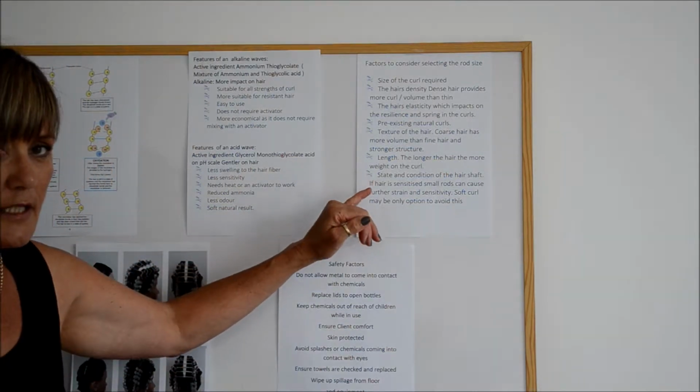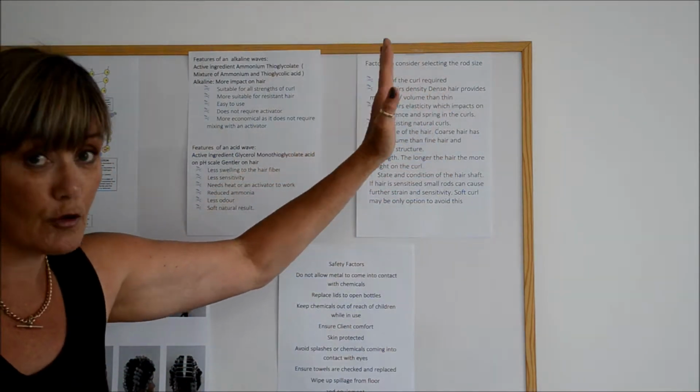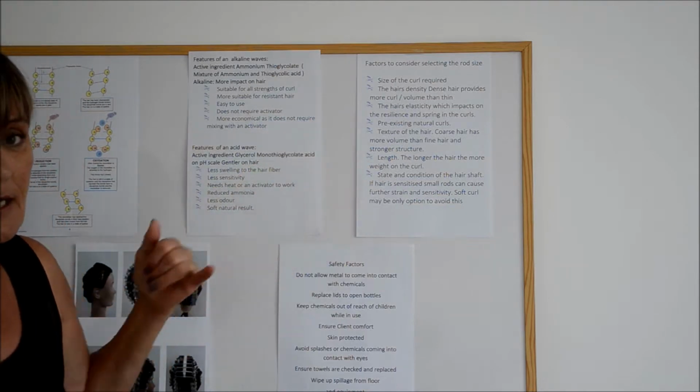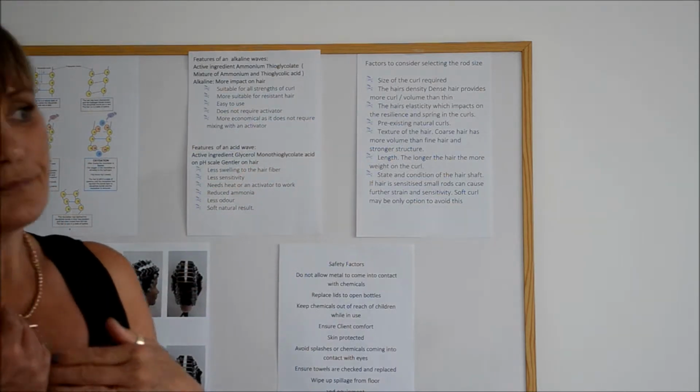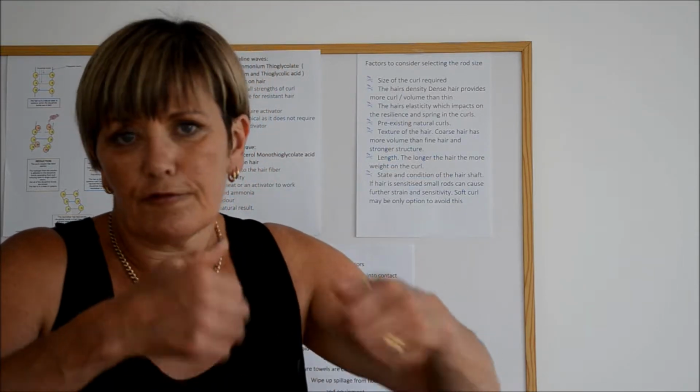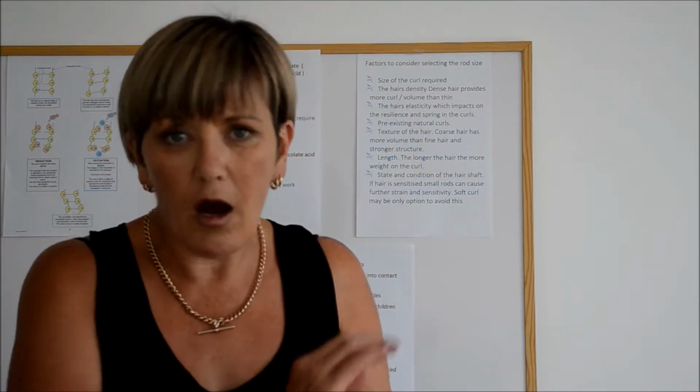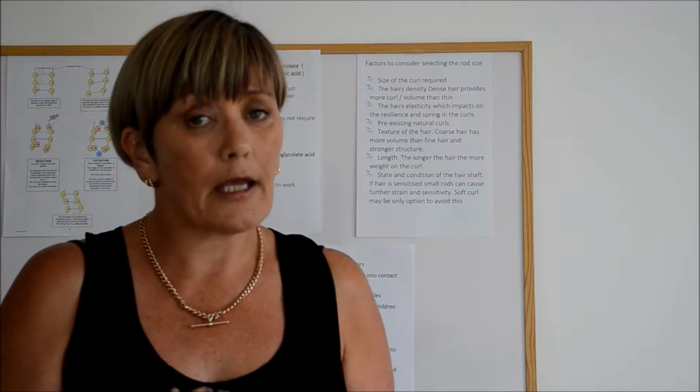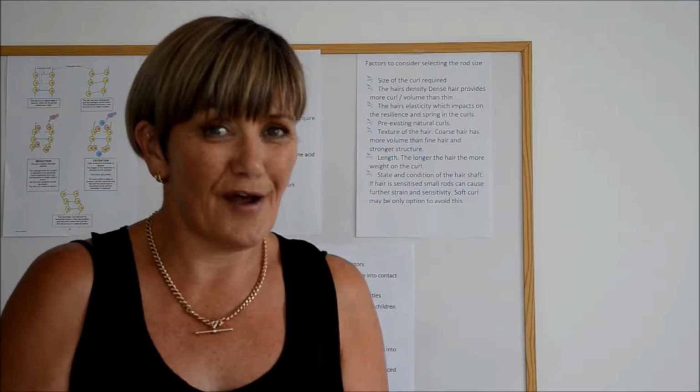Also take into consideration when selecting the rod size the state and condition of the hair shaft. If your hair is slightly sensitized and you wound it 50 revolutions around a tiny little perm rod, you are going to put strain on that hair shaft.